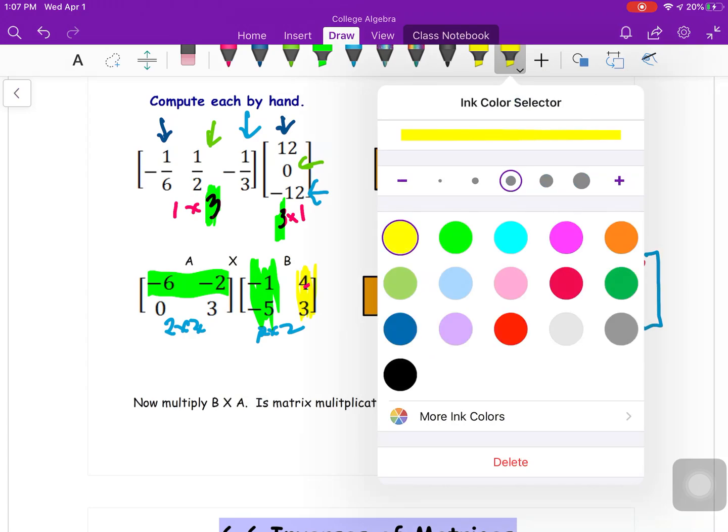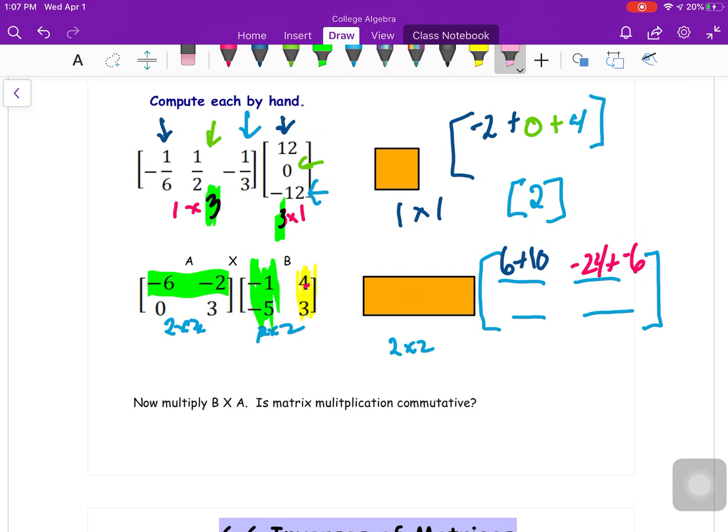Then we have row 2 by column 1, and that gives me 0 plus negative 15, and then row 2 by column 2 gives me 0 times 4 is 0, plus 3 times 3 is 9.